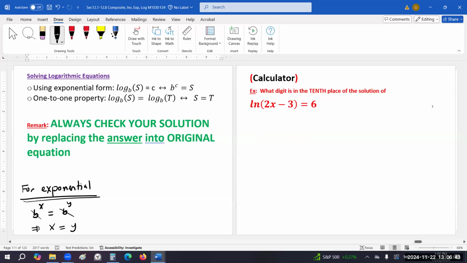Now comes the first type. In this type, we have a log on one side and no log on the other side. These are type 1.